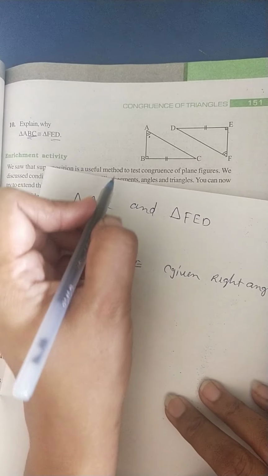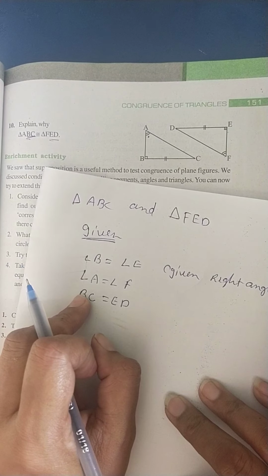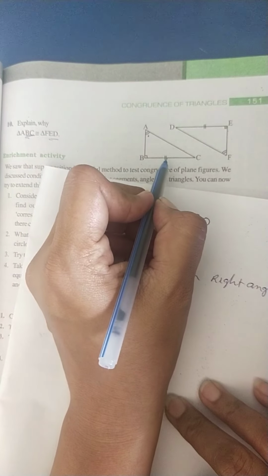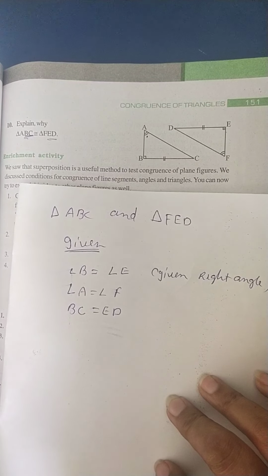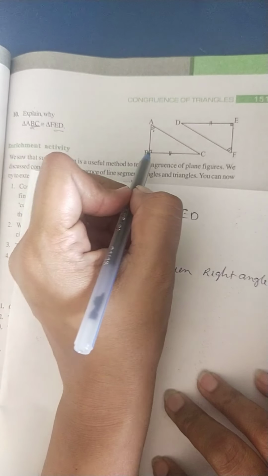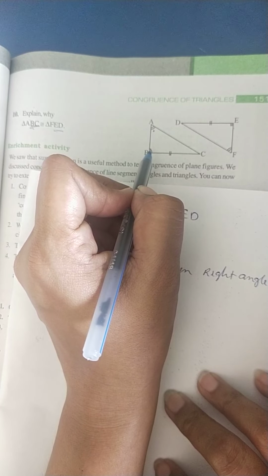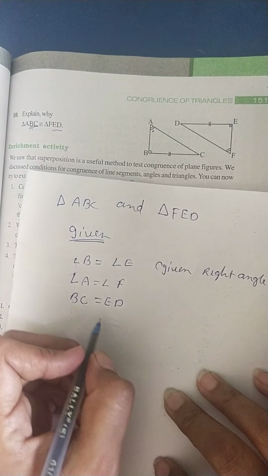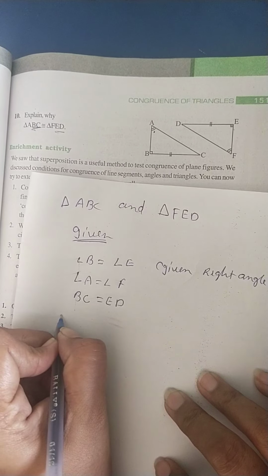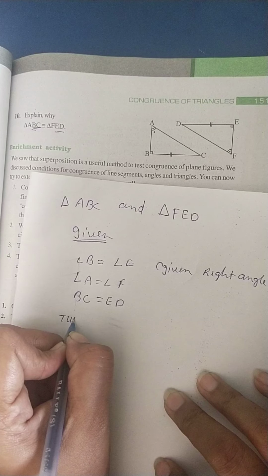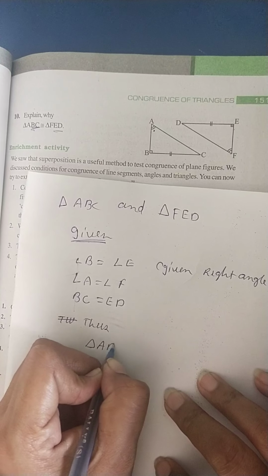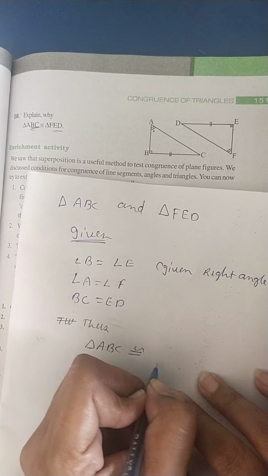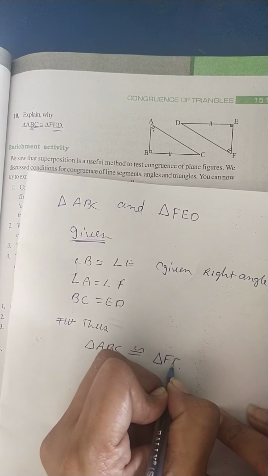Now check. These are congruent. See over here, the included side is not there, but this triangle is still congruent. Why? Because of the right angle congruency rule. So you have to write, thus triangle ABC is congruent to triangle FED.